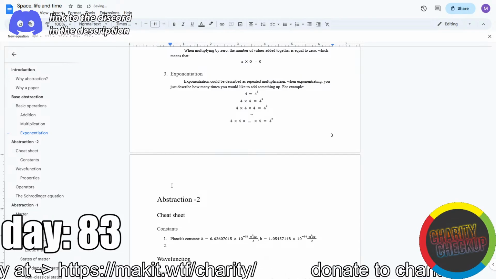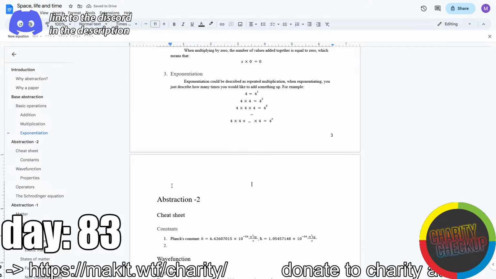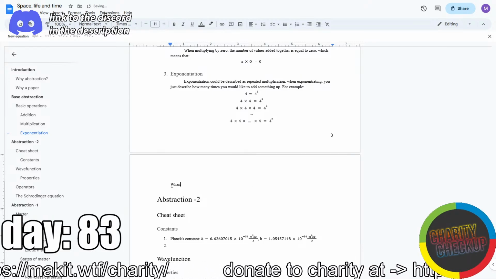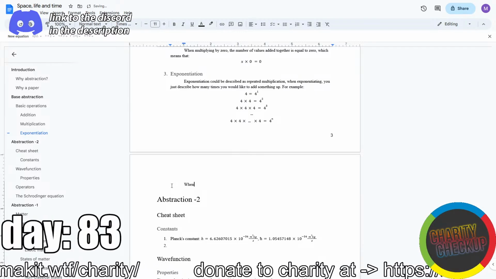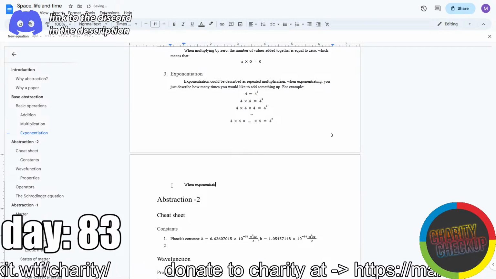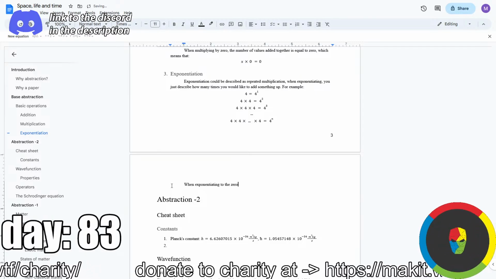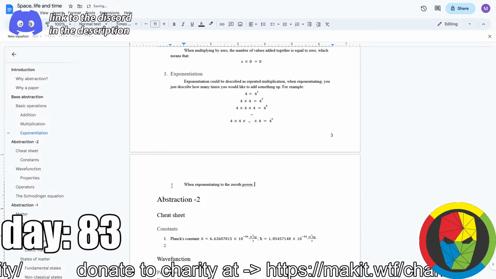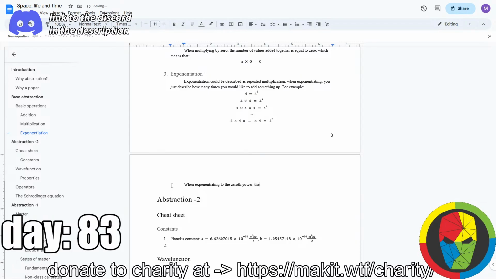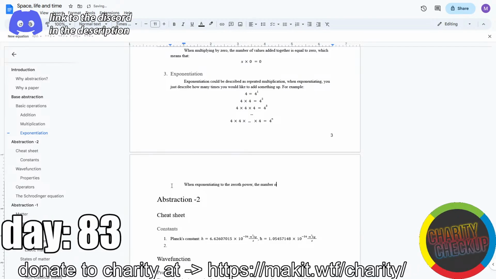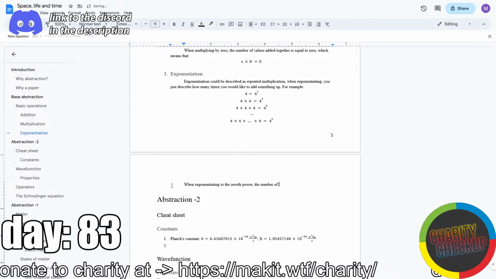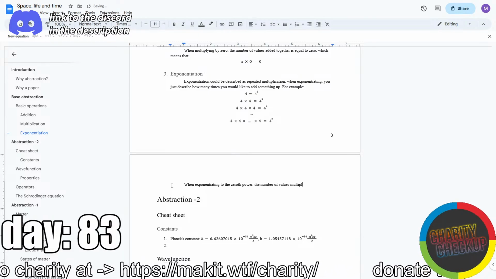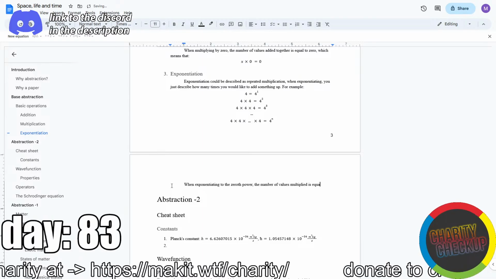We also add the zeros, which means when exponentiating to the 0th power. Yeah, that seems like English. The number of values multiplied is equal to 0.